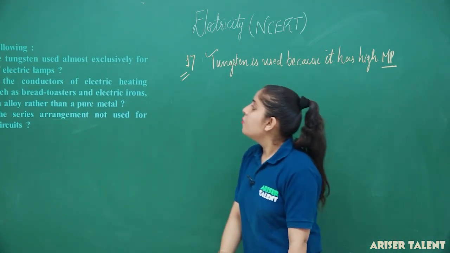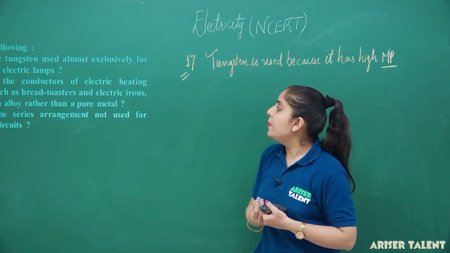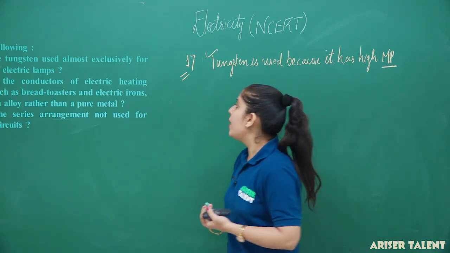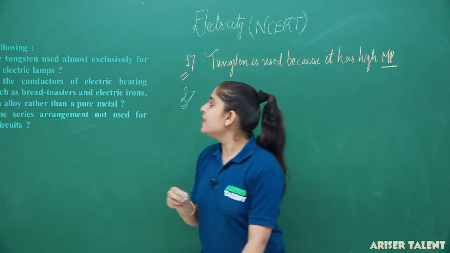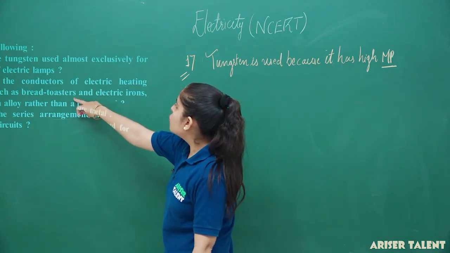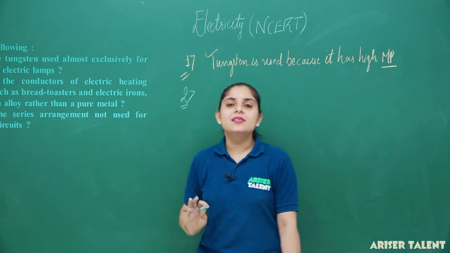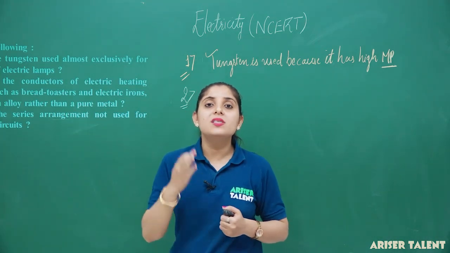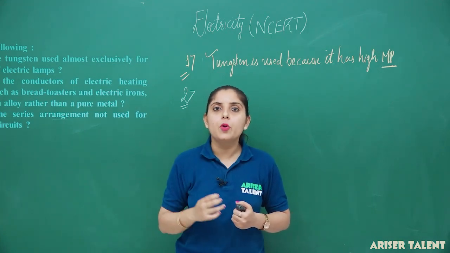Second, why are the conductors of electrical devices like bread toaster, electric iron made of alloy rather than a pure metal? Now question 2 is again a very interesting question. You have seen that the devices which you use in your kitchen like bread toaster, electric iron, these all are made up of alloys rather than pure conductors. So these are generally made up of alloys because alloys have a higher value of resistivity as compared to pure metal.